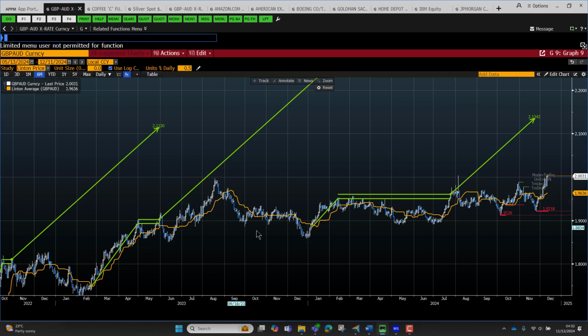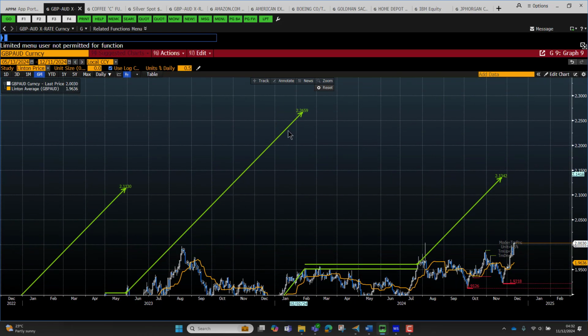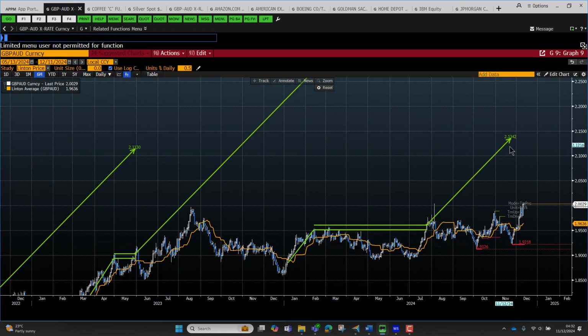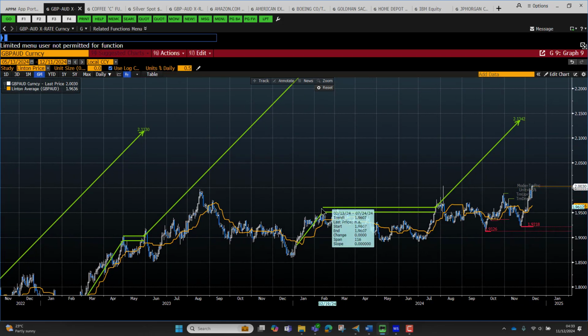But notice how we had these multiple upside targets given over time. Back in 2022, we had an upside target to 211. We had another upside target given to 226, and another upside target given to 213 more recently. Now, we haven't got anywhere near those targets, and this is really just to highlight the key message that we've had buying thrusts and we're breaking to new highs, and we are seeing multi-year highs on the Aussie dollar as a result.